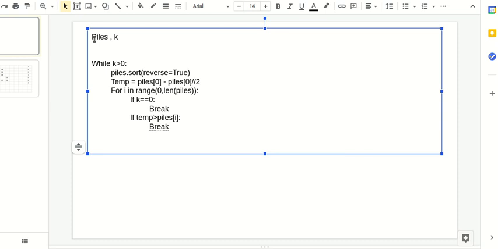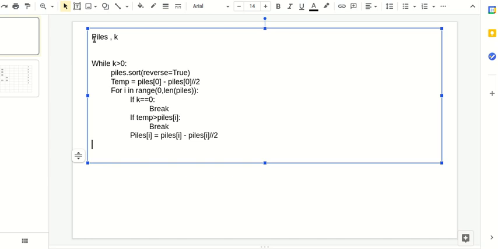Otherwise we will reduce the pile's value: piles[i] equals piles[i] minus piles[i] divided by 2.